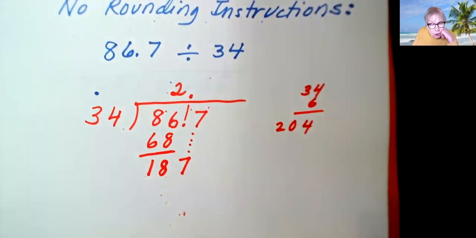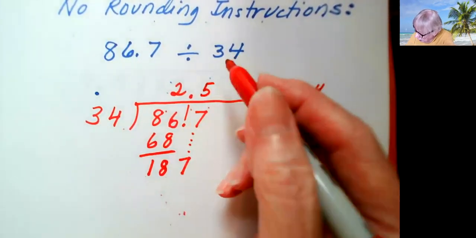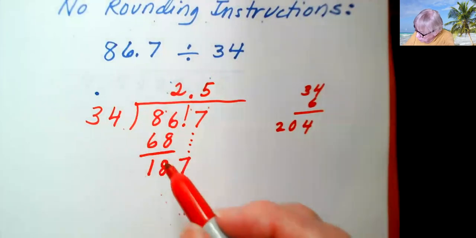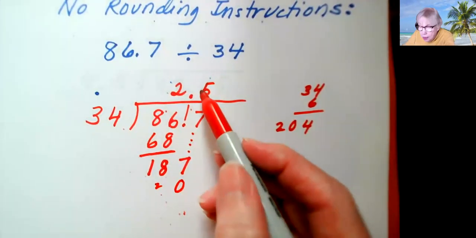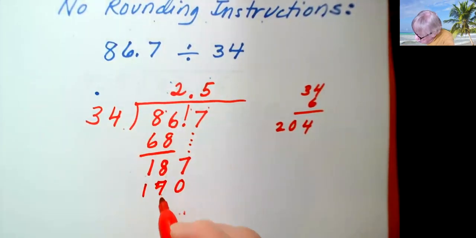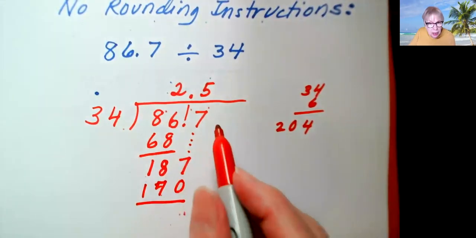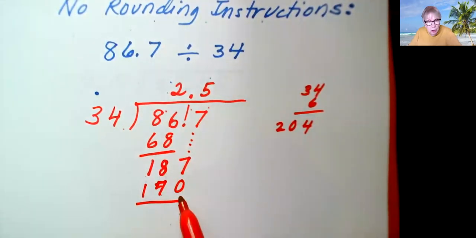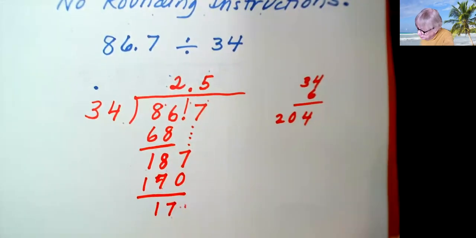That's a little bit too big, so I'm going to try the 5. 5 times 4 is 20, carry a 2. 5 times 3 is 15 and 2 is 17. So the 5 was the correct number. I'm going to subtract and I'm going to get 17.